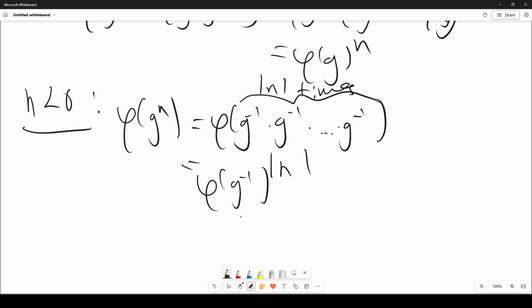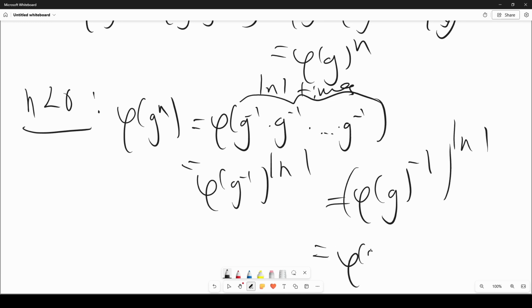But from the property above, we know that this is then equal to phi of g to the negative 1 all to the absolute value of n by exponent rules. This is just phi of g to the negative absolute value of n. But if n is negative, then negative absolute value of n is just n. For example, n is negative 3. Negative absolute value of negative 3 is negative 3.